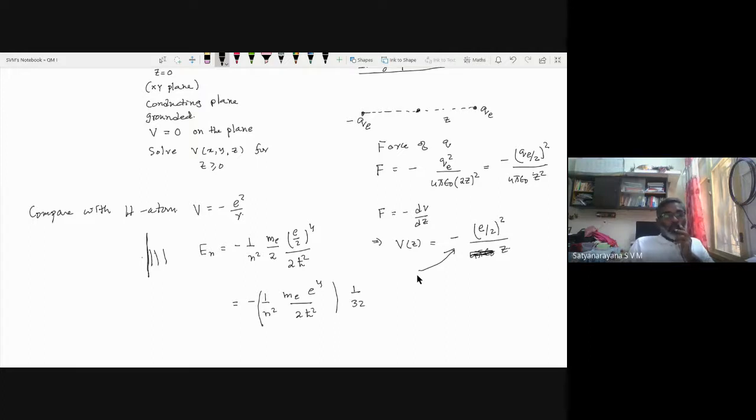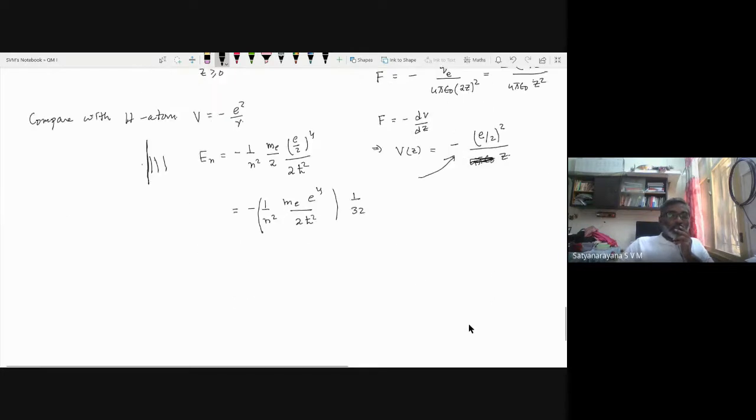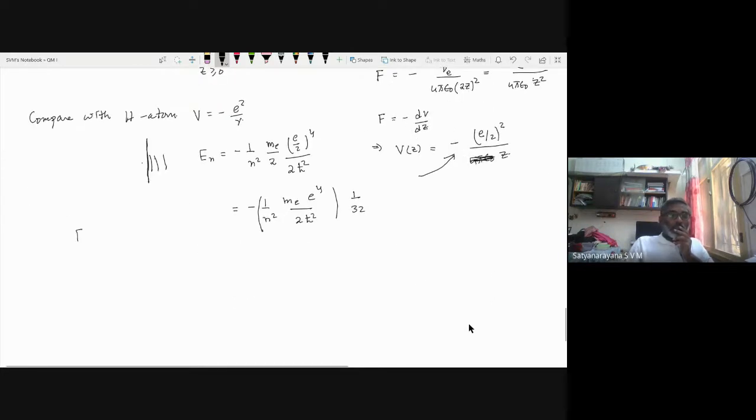That means whatever your energy level is, for example, if you want the ground state energy, the ground state energy E1 is equal to minus 13.6 electron volt divided by something like 32. Okay, so this is some very small energy in electron volts.